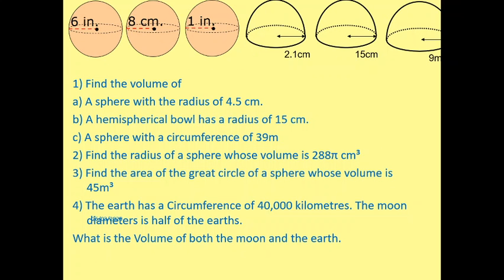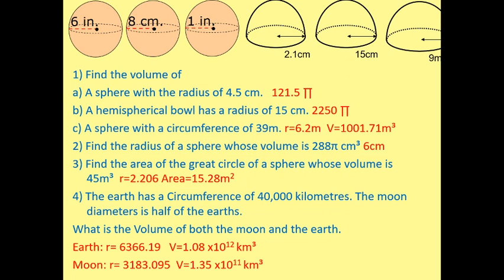Okay, here's some questions. Read them. Give you some time to do it. Pause the video if you want. Right, here's your answers. I'm not going through a lot of these, but it's always nice if you go to the radius. That's why in some of these questions I put the radius that I worked out.